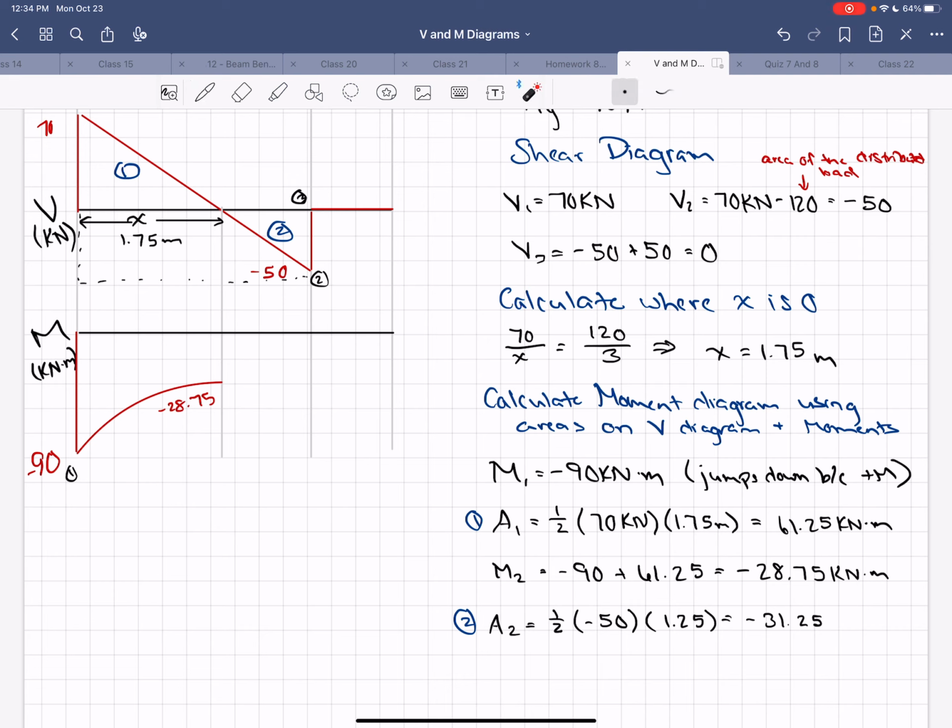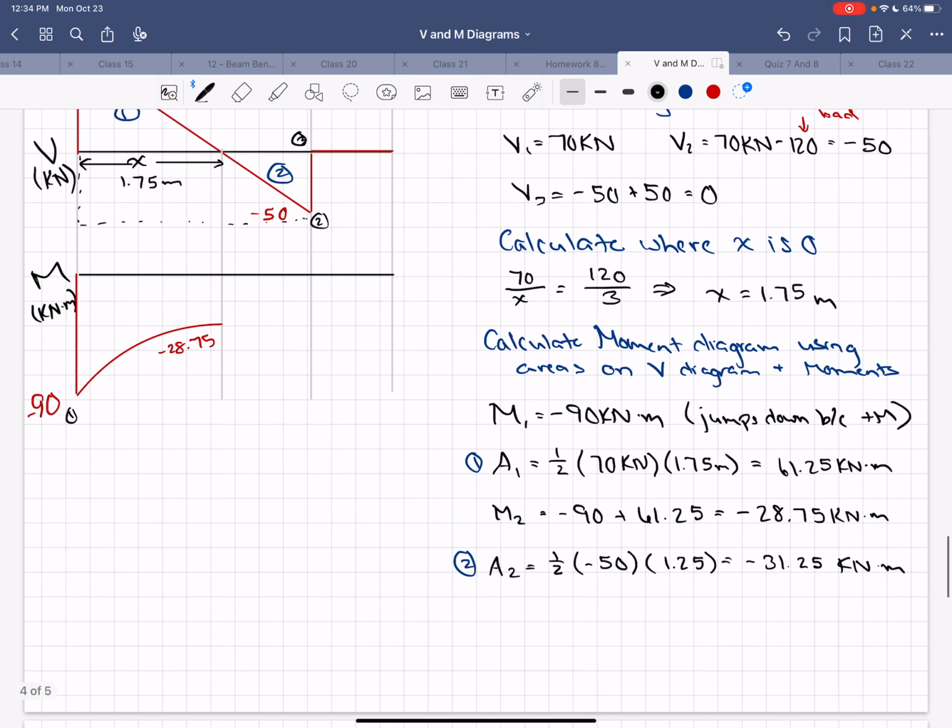So we add these two together. This is also kilonewton meters. And we get M3 equals negative 28.75 minus 31.25, and that equals negative 60.